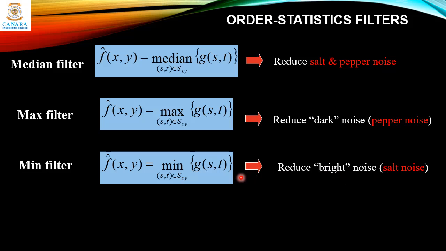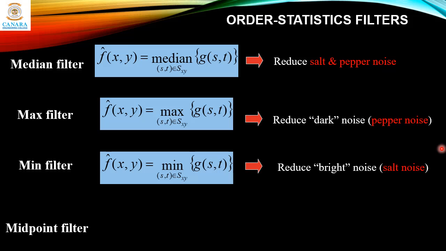If there are no impulse noises in both cases of a min or max filter, it will provide a good amount of filtration. But if another type of noise is present, like salt noise for the max filter, or dark noise for the min filter, then it won't work properly; in other cases it will work fine.